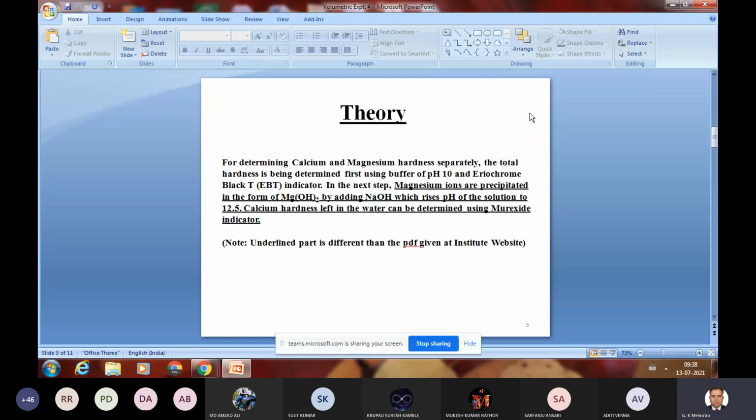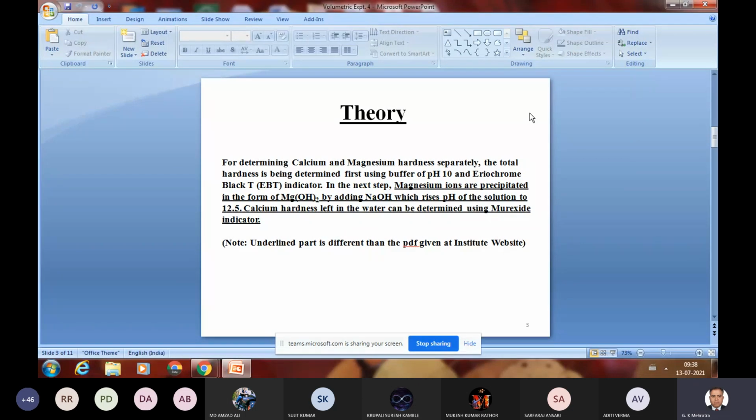So calcium carbonate is insoluble in water, isn't it? And if by any means we dissolve it again in water, just by treating it with HCl, for example, you can convert it into calcium chloride, then it will get dissolved.